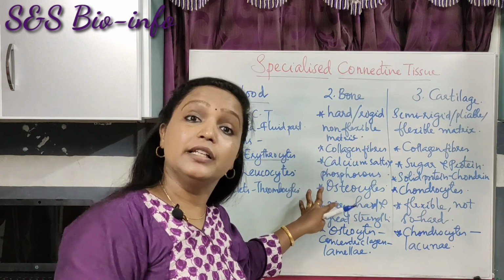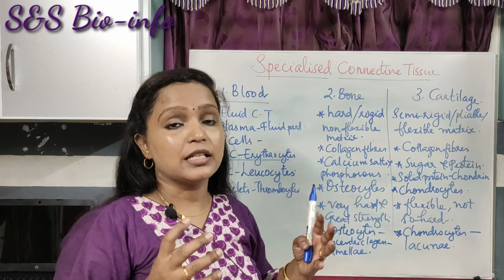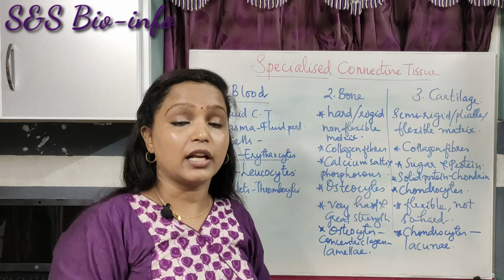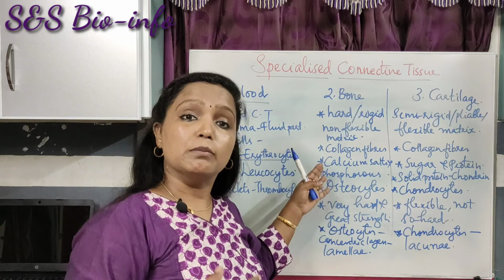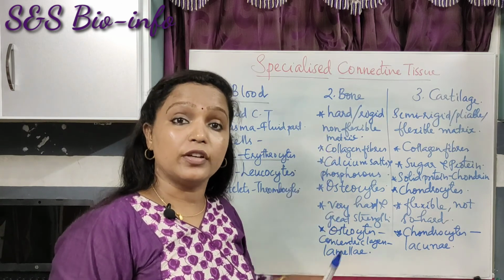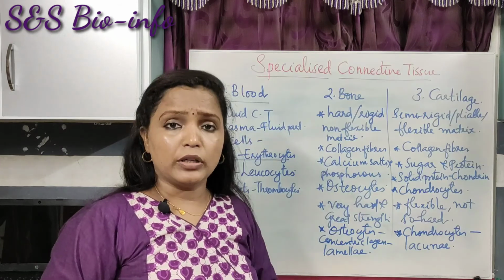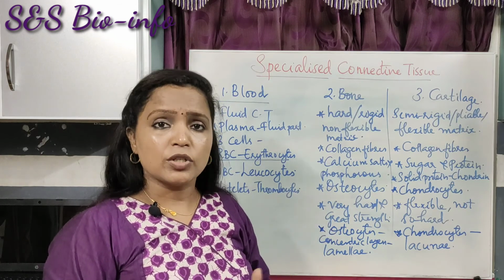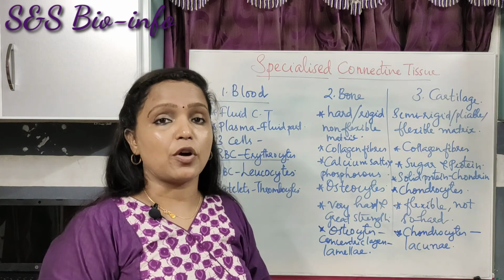Then bone gives structural framework to the body, it supports and gives strength to the body, and it protects many vital or internal organs of the body. As it is attached with the muscles, especially the skeletal muscles, the bones help in movement. Then the bone consists of bone marrow, which is the birthplace of many blood cells. So it is one of the most important connective tissues of the body.